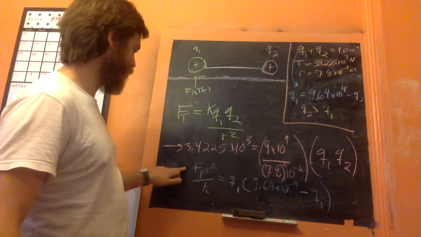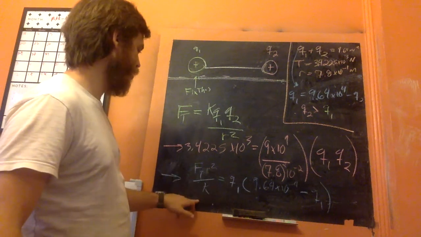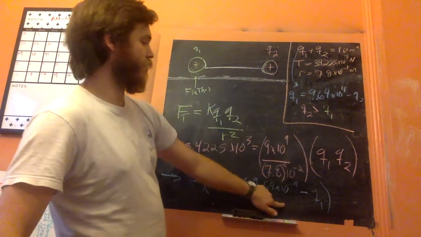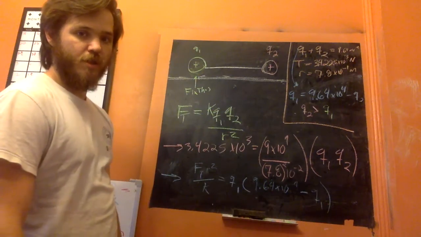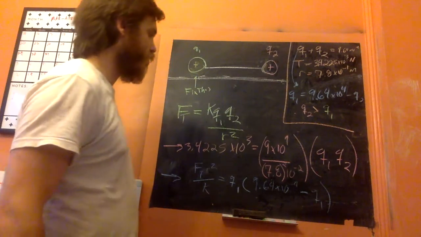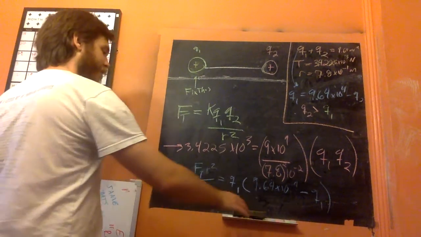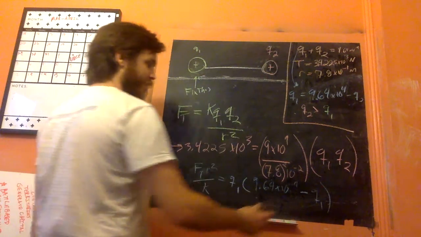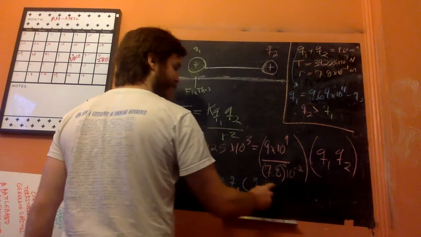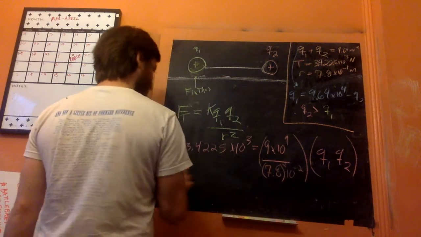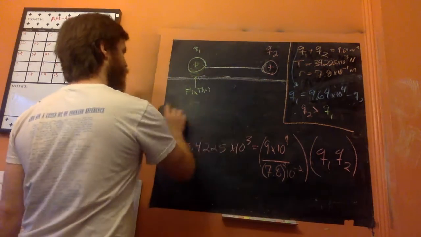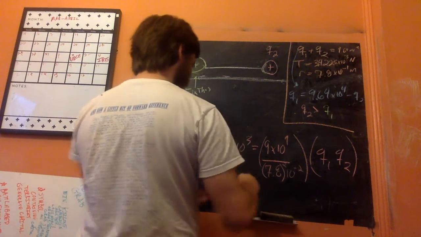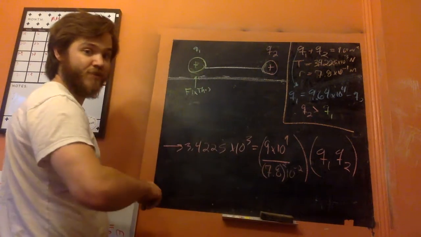So we get Ft r squared over k is equal to Q1 times this formula we worked out for Q1 in terms of Q2. So now I'm going to move this up, and we're going to solve as best we can. I'll set up everything except for the last calculator step because I think it's pretty self-explanatory once you get to this step, and the only thing you could be missing from there is just powers of 10.